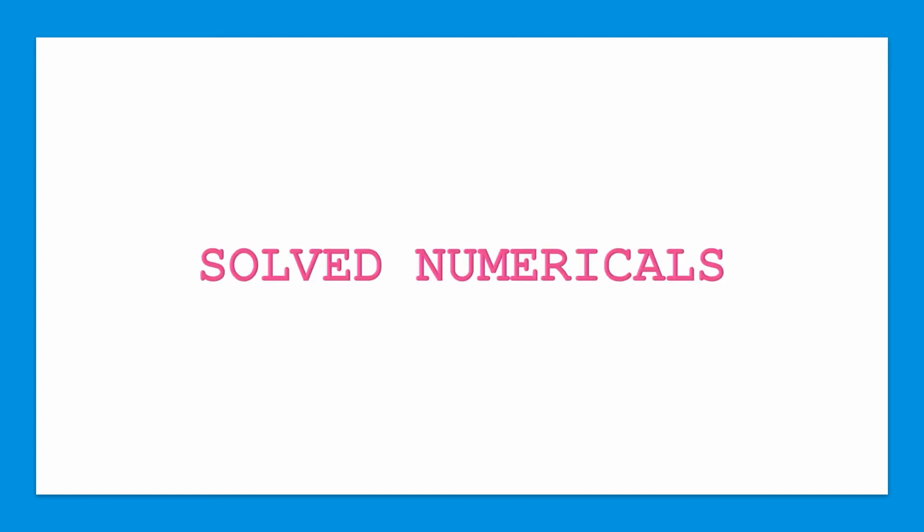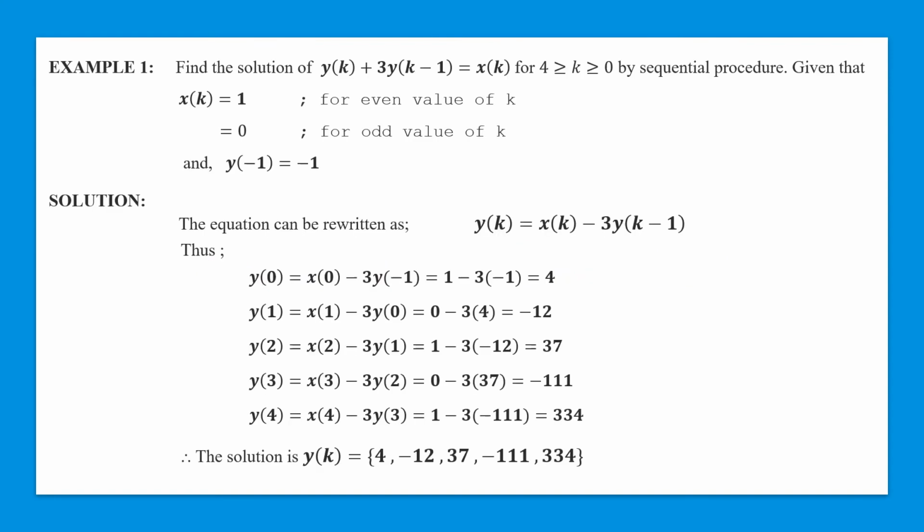Now I am showing you some examples of solved numericals. Here we are considering one example: find the solution of y(k) + 3 y(k-1) = x(k) for the range of k from 0 to 4 by the sequential procedure.